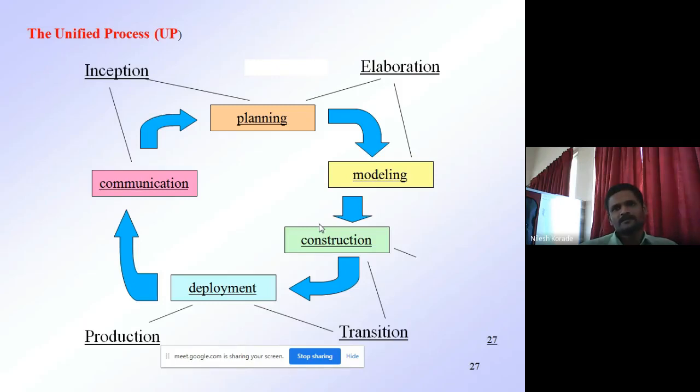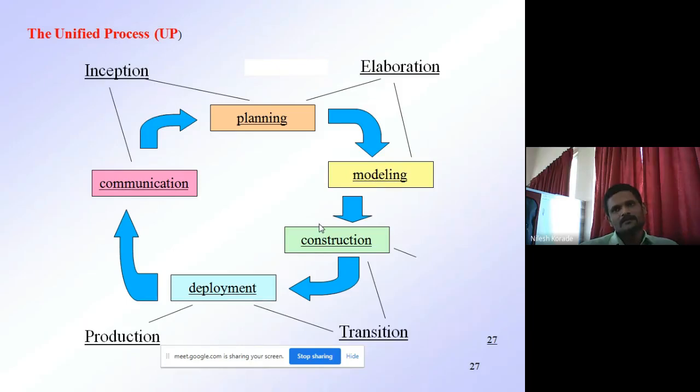Again, the transition phase contains construction and deployment. Simultaneously we are delivering our product to the customer for evaluation. If our customer wants some modification or changes, again we will do those changes in the construction phase. We are deploying our project to the customer side, and if the customer wants some modification, we again make modifications on our development side.